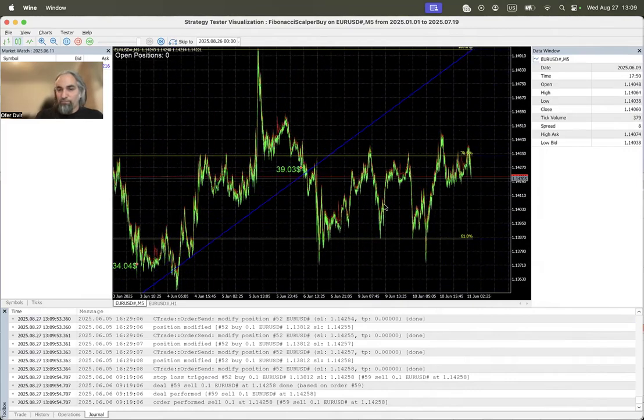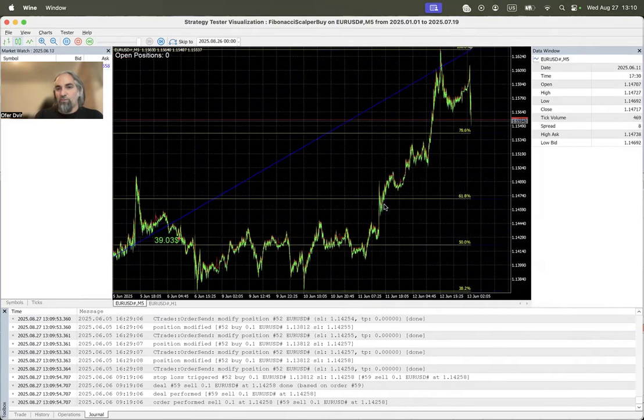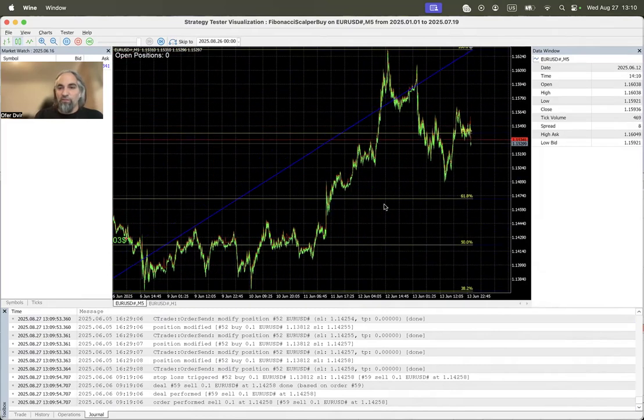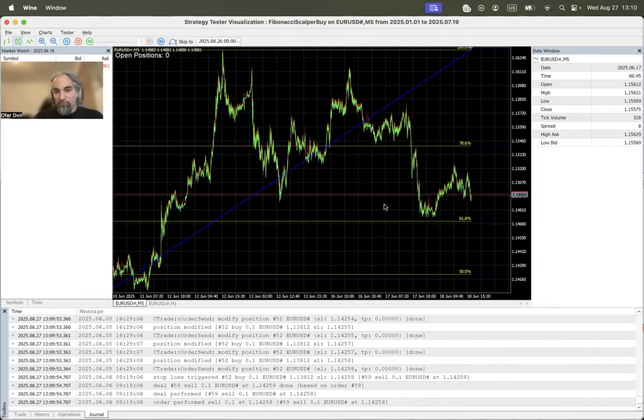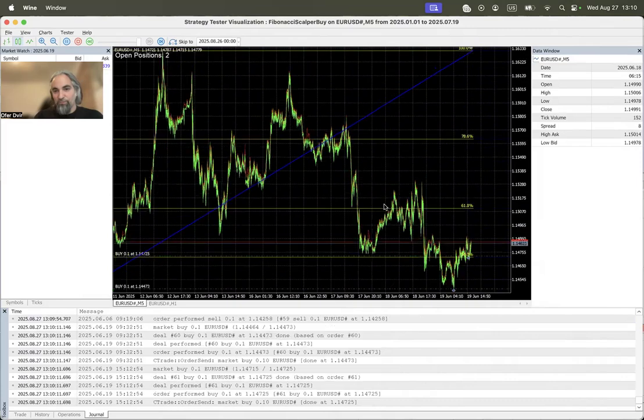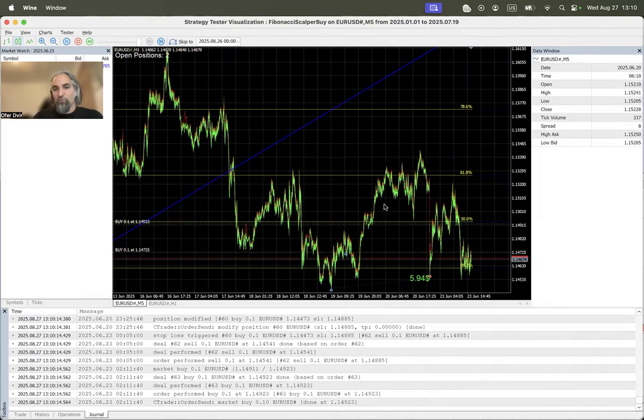Okay, June. Probably, I would say, even with this setup, it could be with 100% winning positions because, let's see what's going to be.